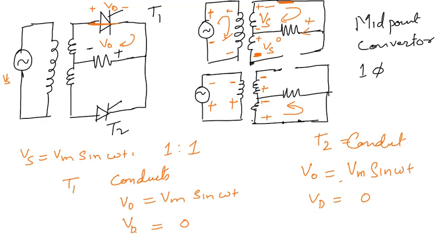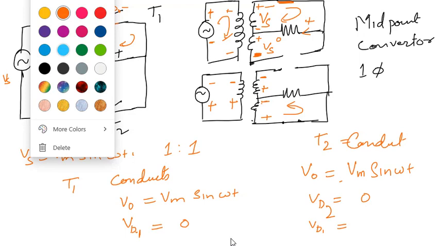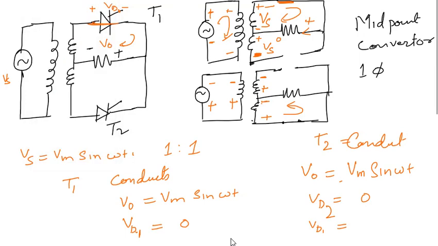Vd1 is the voltage across T1, and Vd2. So let us first discuss what Vd1 is in this portion, when T2 conducts.